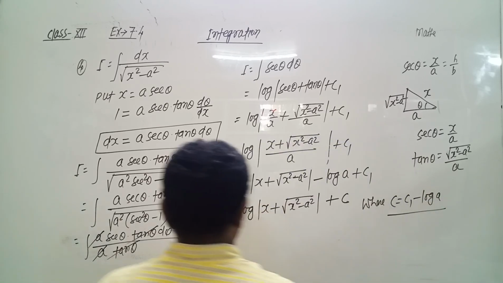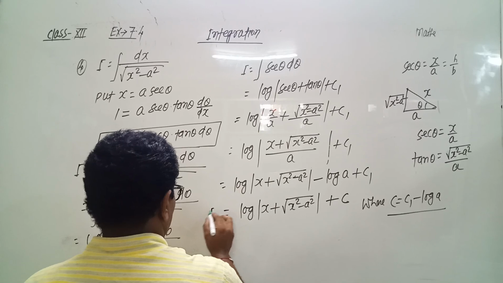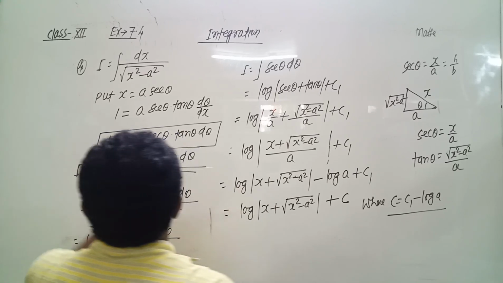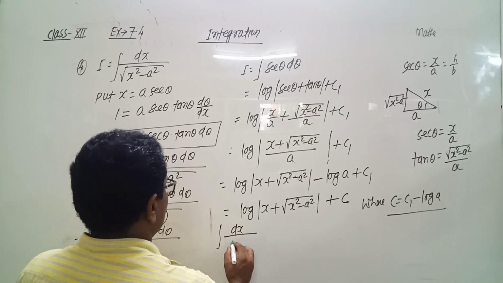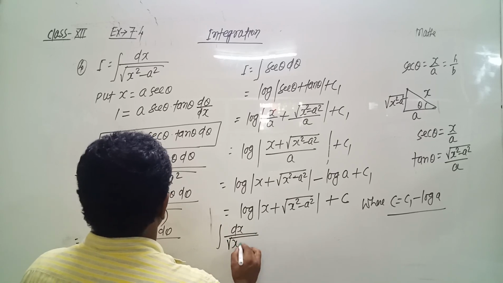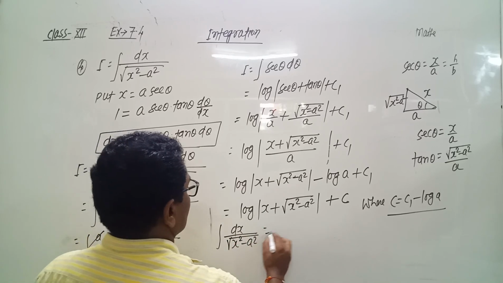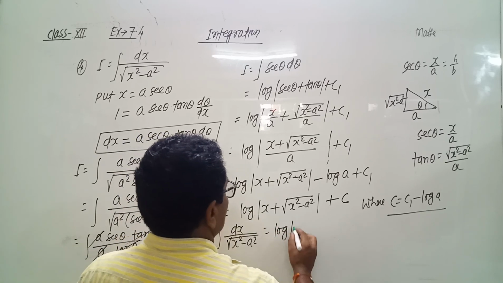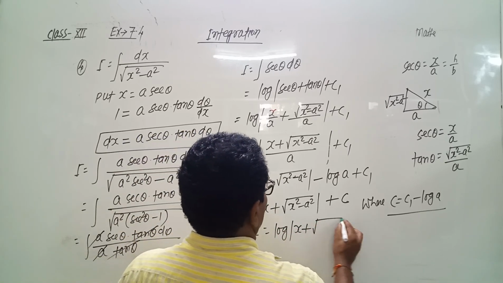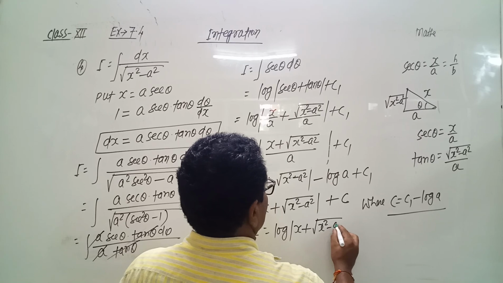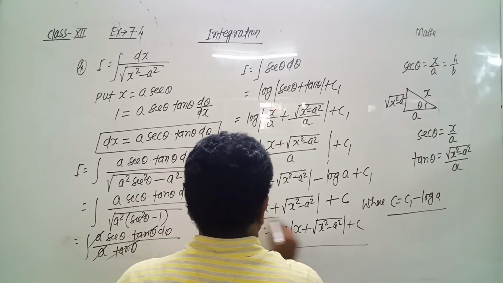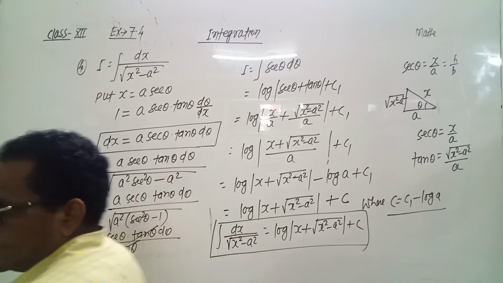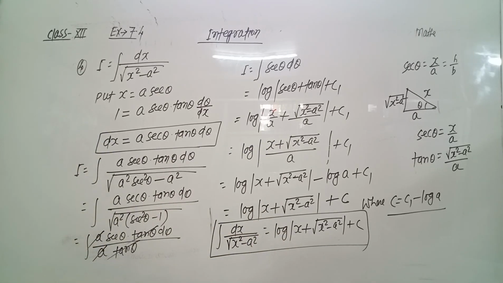So the final result which you have to remember: integration of dx upon root of x square minus a square equals log of x plus root over x square minus a square plus c. Now the next we'll see in the next video.